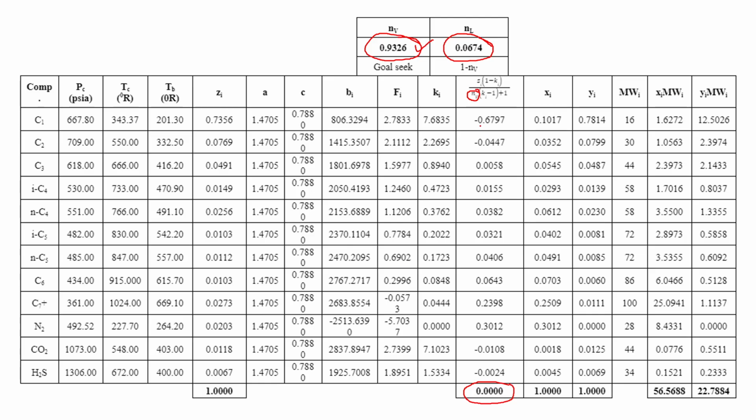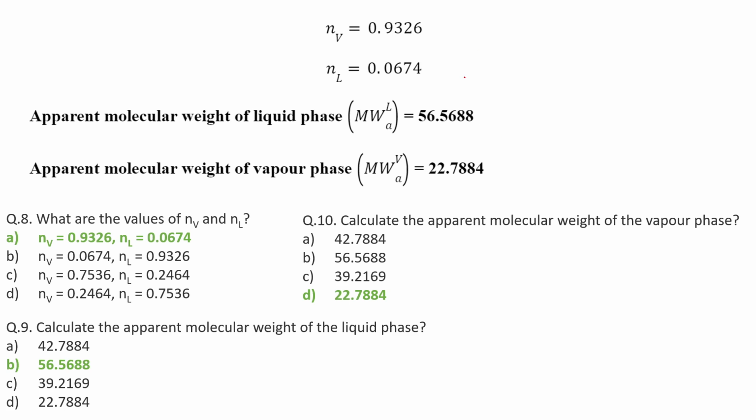By doing all these calculations, the final values we got: NV equal to 0.9326, NL 0.0674, the apparent molecular weight of the liquid phase equal to 56.5688, and the apparent molecular weight of the vapor phase equal to 22.7884. So these are the values that were asked in the question. So question number 8, option A is the correct one. Question number 9, option B, and question number 10, option D.